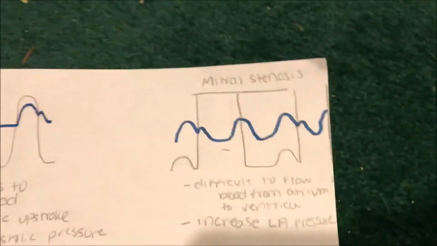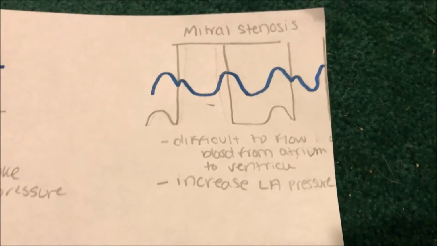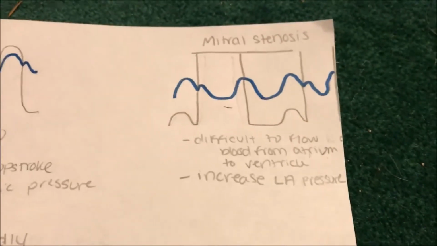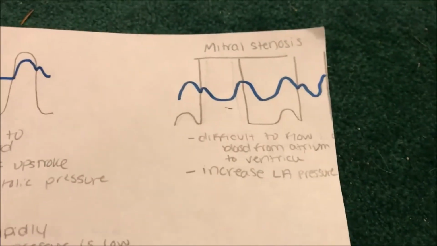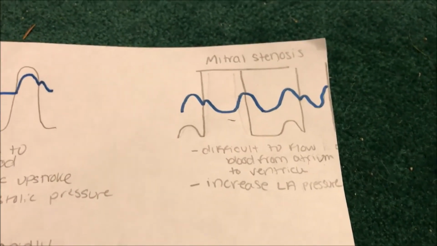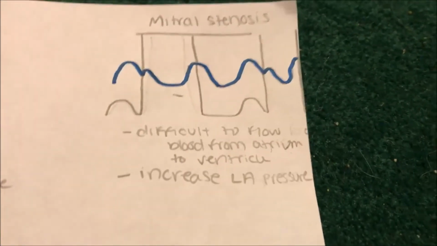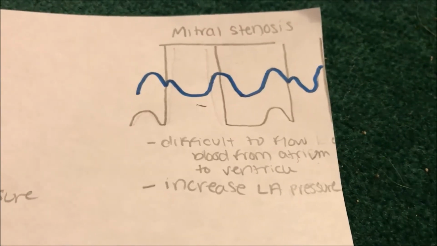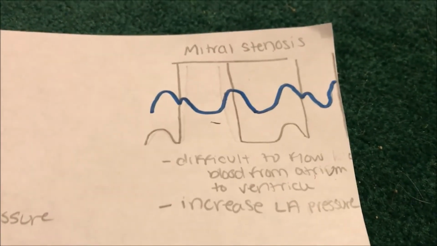Here they actually never trace each other because you have a difficult flow of blood. The atrium can't release all of its blood into the ventricle because of the tight valve. So there's more blood in the atrium and it's not releasing it all and it's keeping most of it. Therefore, it never is completely one chamber.